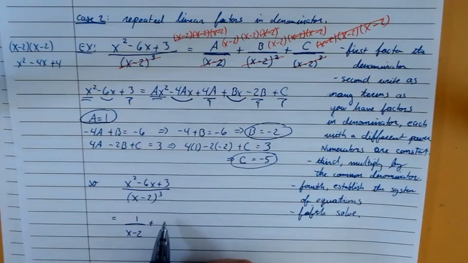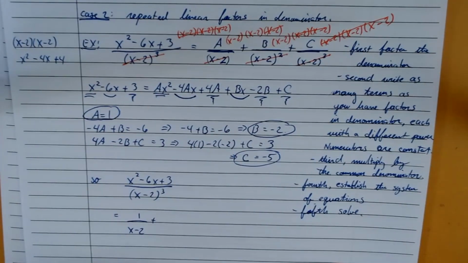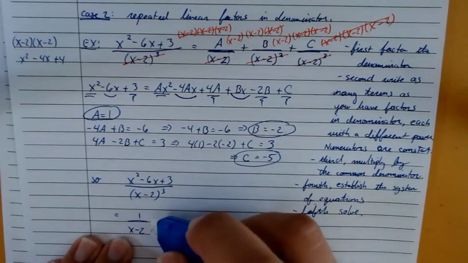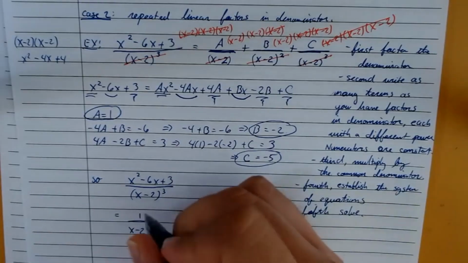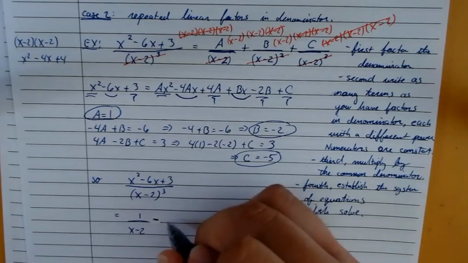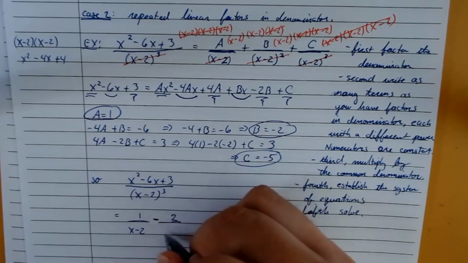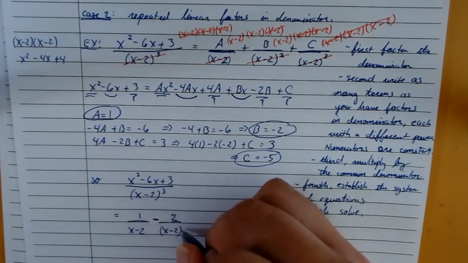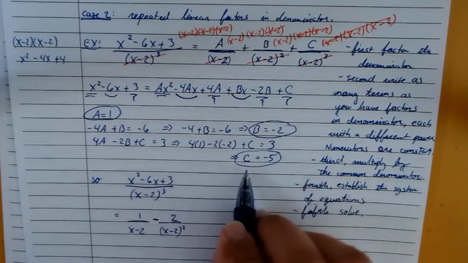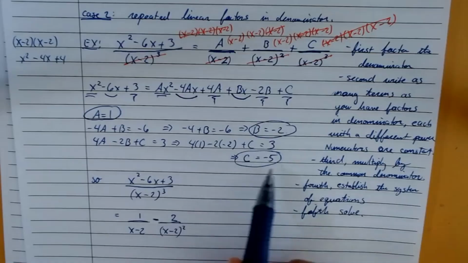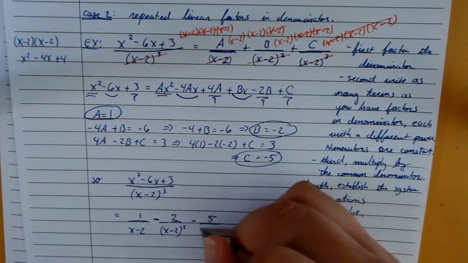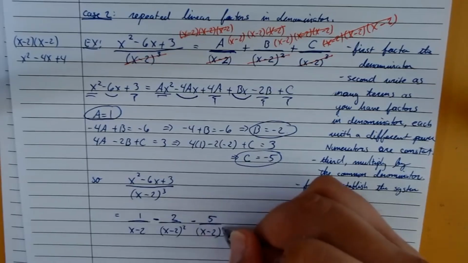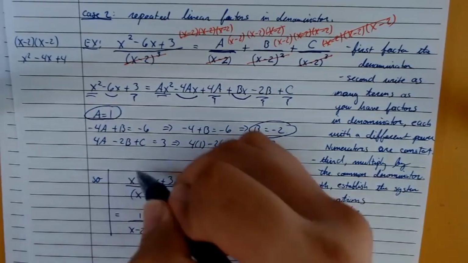Now here you can say plus a negative 2, but you might be better off just saying minus 2. So minus 2 over x minus 2 squared. And then plus c. But c is also negative, so I may as well just write that as minus 5 over x minus 2 to the third. And that is our partial fraction decomposition.